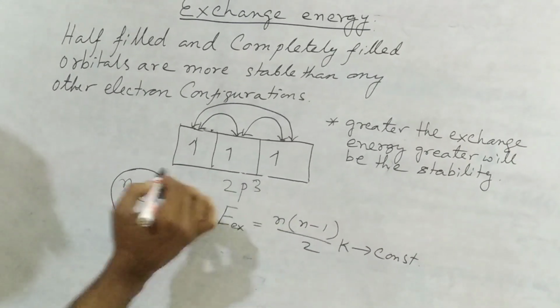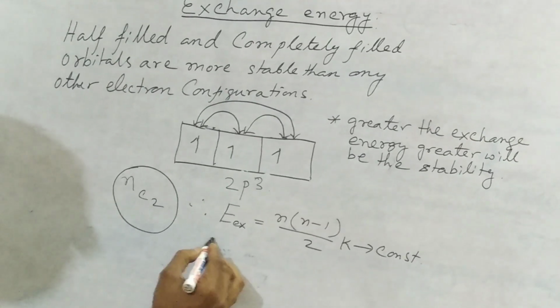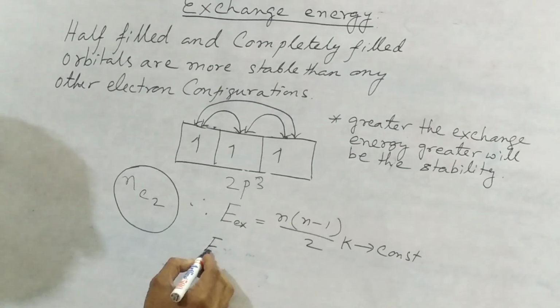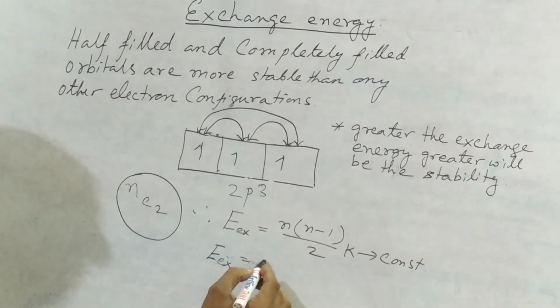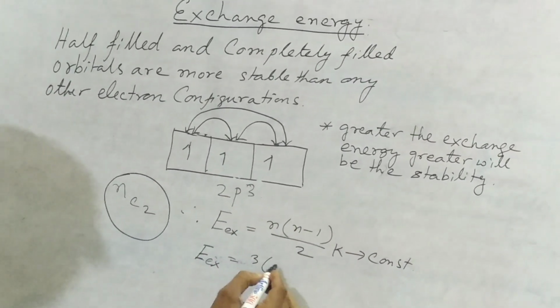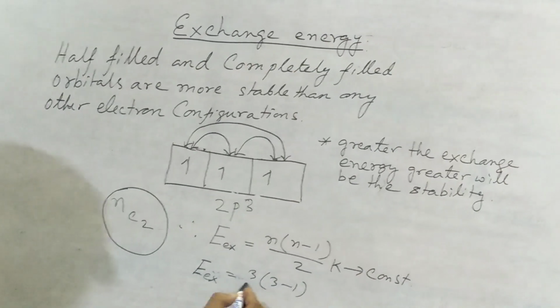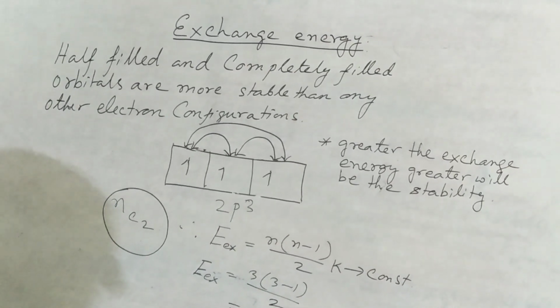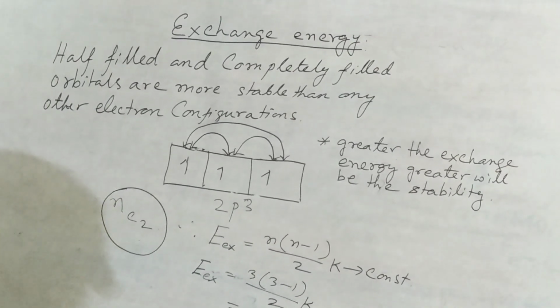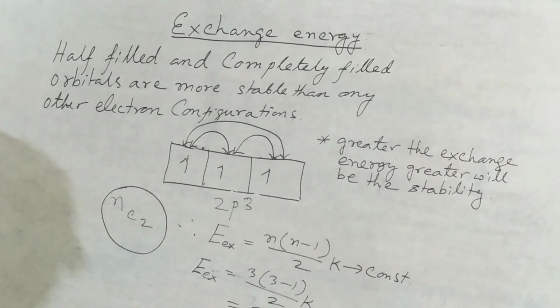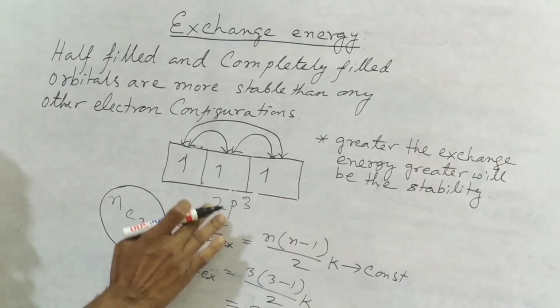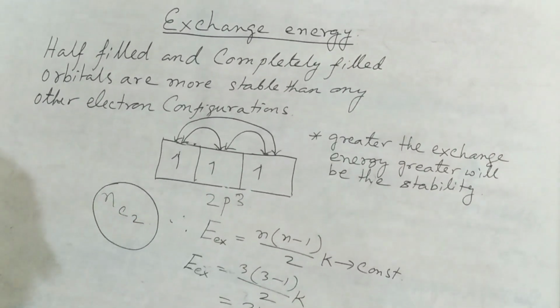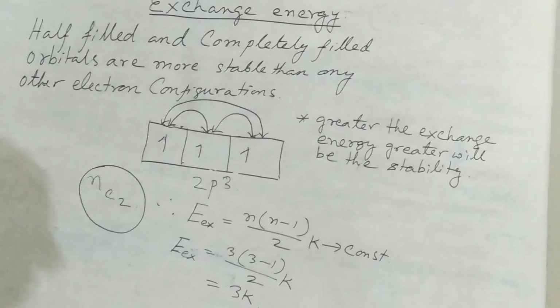Now you see, for 2p3 configuration, the exchange energy turns out to be, with 3 unpaired electrons in parallel spin, 3 into 3 minus 1 by 2 k, that is equal to 3k. So the exchange energy of 2p3 configuration turns out to be 3k.